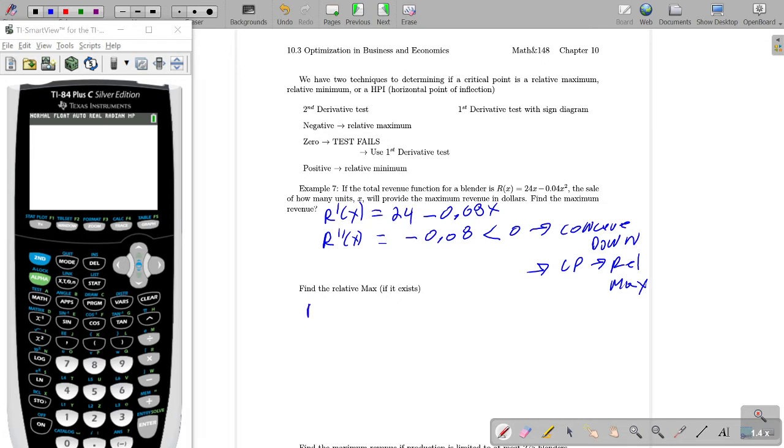So if I take r prime of x and set it equal to 0, 24 minus 0.08x equals 0, 24 equals 0.08x, so 24 divided by 0.08. So that means I have 300 equals x.